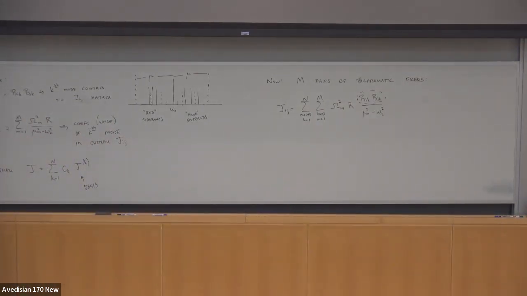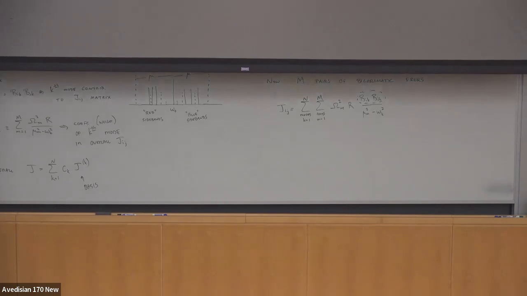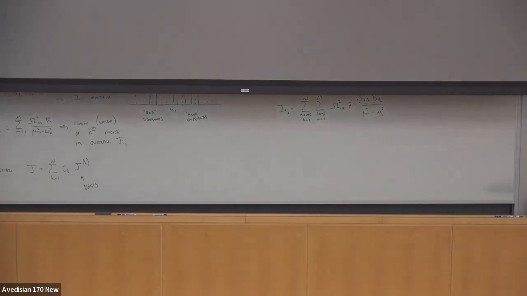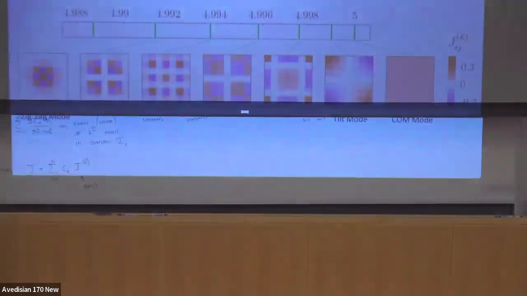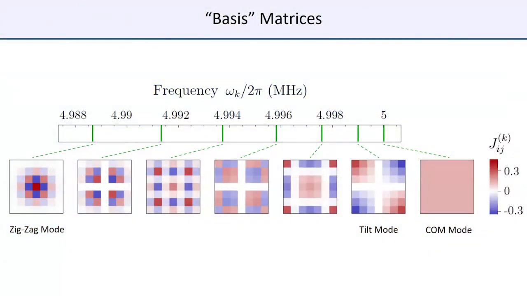Right? And I think that being visual here is also a really good thing to do. So let's do it. Okay, so what I have plotted here is to say that, let's suppose I have a 7-ion chain.